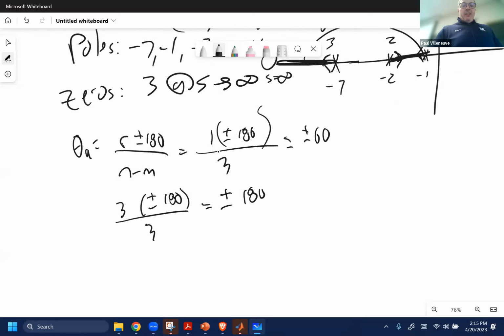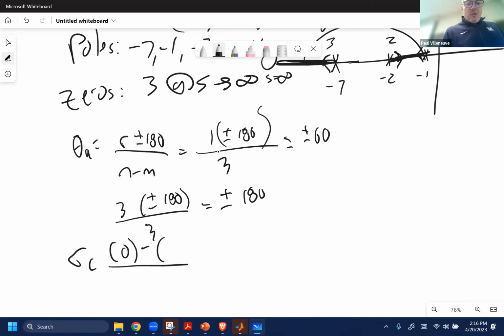So now what we need to do is figure out our centroid, where those angles take off. So that's the sum of the zeros minus the sum of the poles. So we have no zeros, so that's 0, minus the sum of the poles. Oops, backwards.